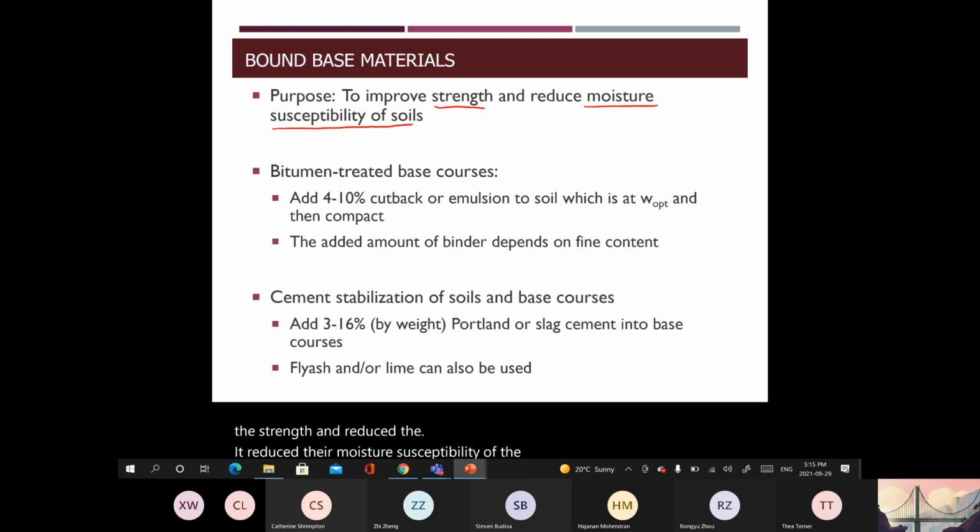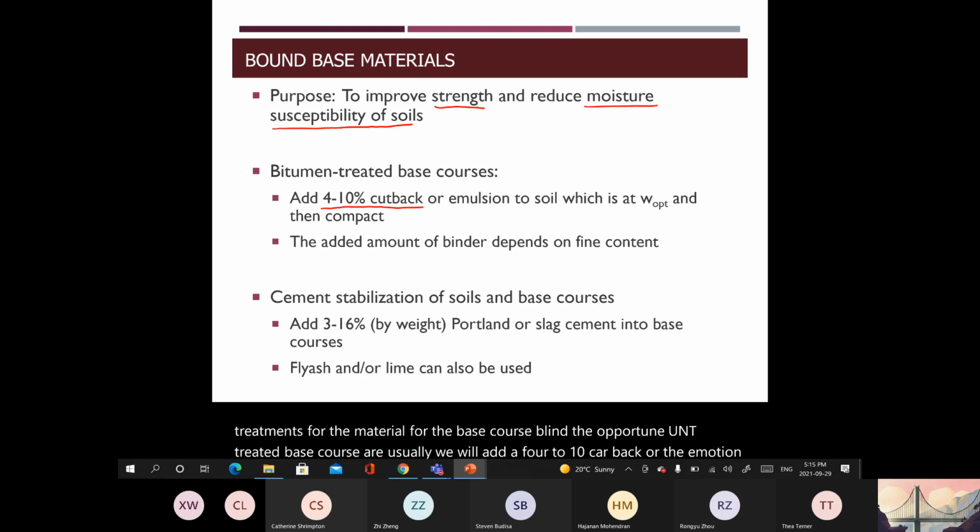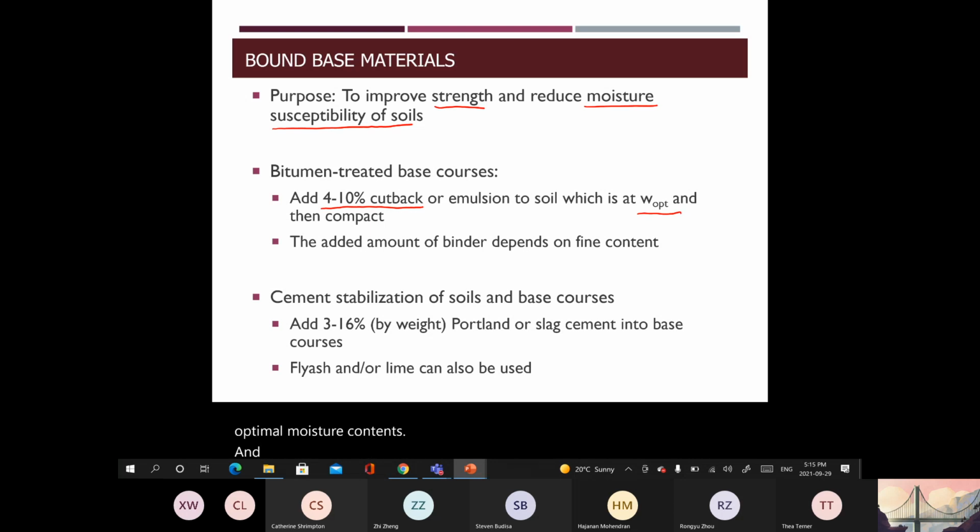There will be 2 types of treatment for the material for the base course. One is the bituminous treated base course. Usually we will add 4 to 10% cutback or emulsion to the soil, and usually the emulsions will be applied at the optimal moisture content, and then we will compact them.